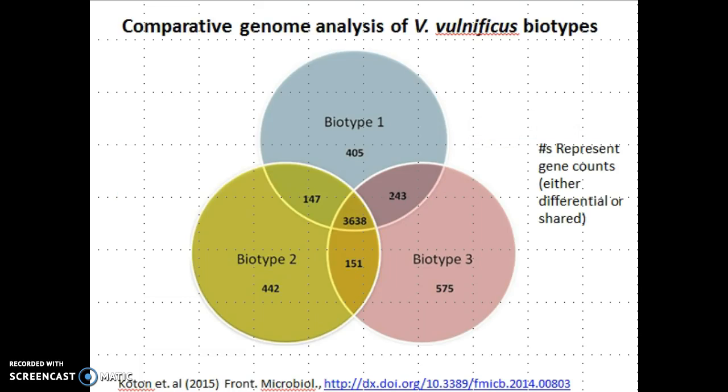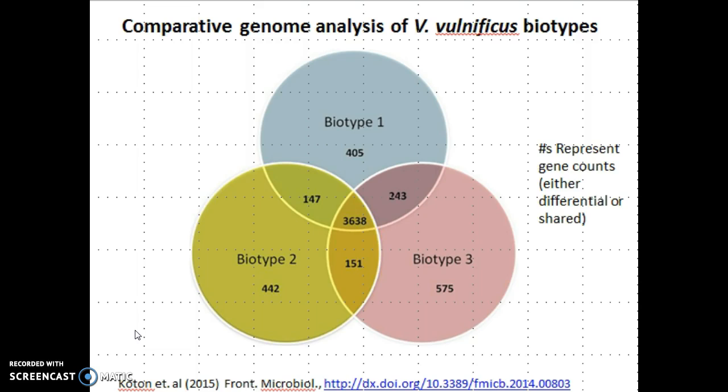So the work that we're going to be doing and that you're helping out with is analyzing the genomes of Vibrio vulnificus isolated from the Great Bay Estuary. There has been quite a bit of comparative genomic analysis of Vibrio vulnificus, and one of the things that we know about this organism is that within this species you can organize Vibrio vulnificus strains or isolates, which means the same thing, into 3 different biotypes.